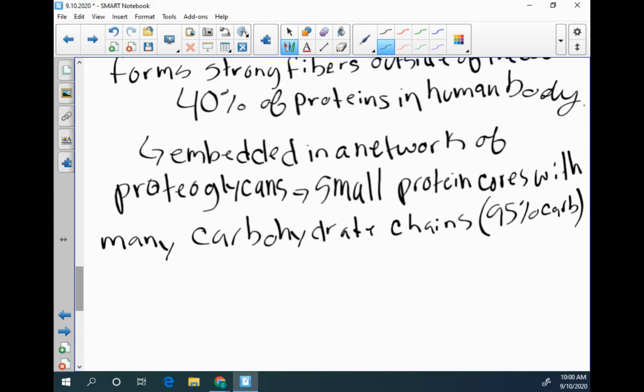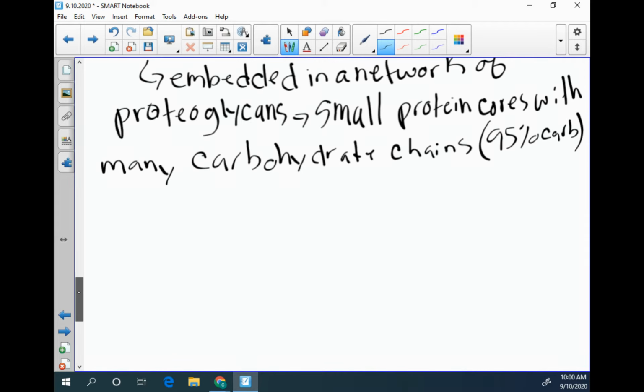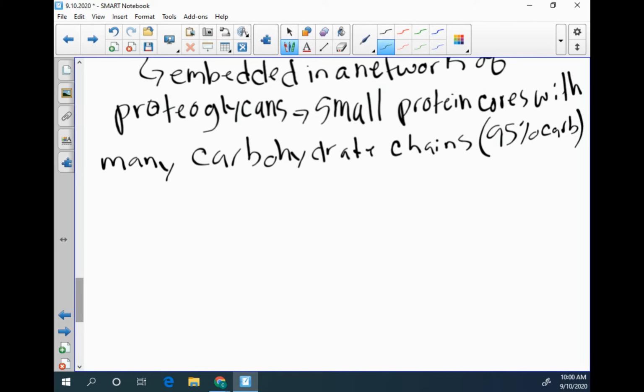So, let's see. Some cells are attached to the extracellular matrix by glycoproteins called fibronectin. So, fibronectin is another protein. So far in our extracellular matrix, we have our collagen, our proteoglycans, sorry.